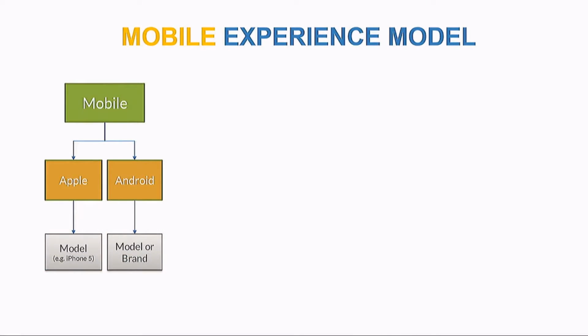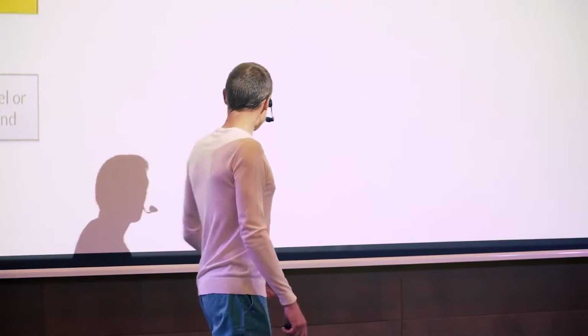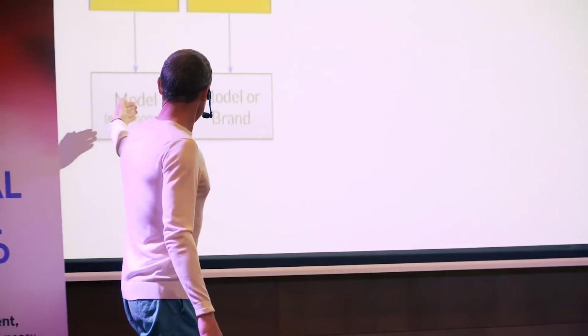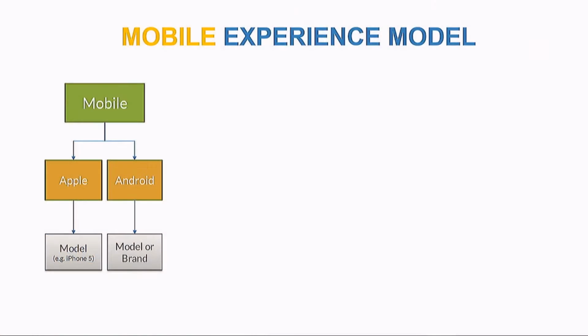So I'll walk you through this. When it comes to mobile device category in Google Analytics, there's only two ways to split it. You've got Apple iOS mobiles and you've got Android mobiles. And underneath that, what you really want is the iPhone models, right? Okay, so you can work out the conversion of an iPhone X versus an iPhone 5. That would be interesting.